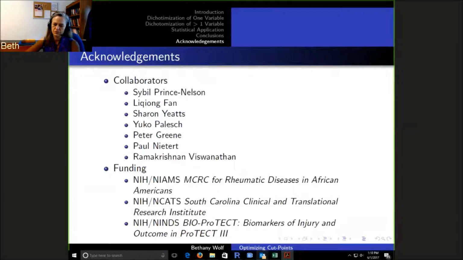Versus another situation in which a false positive means you do a biopsy and it turns out to be negative, but a false negative means you're missing cancer. So the implications of your cut point can be very different depending on the values of false negatives and false positives.